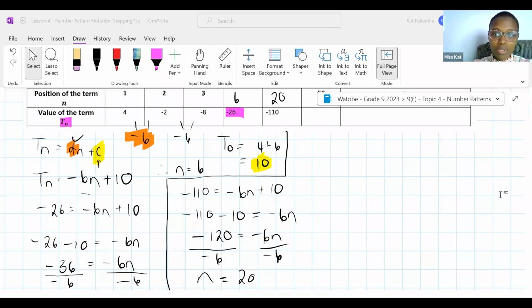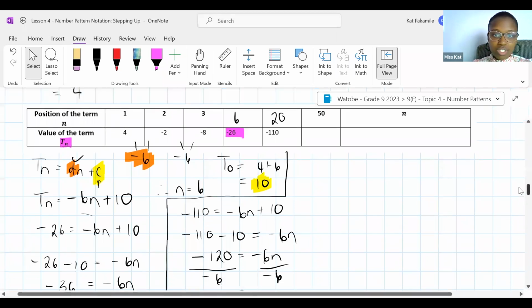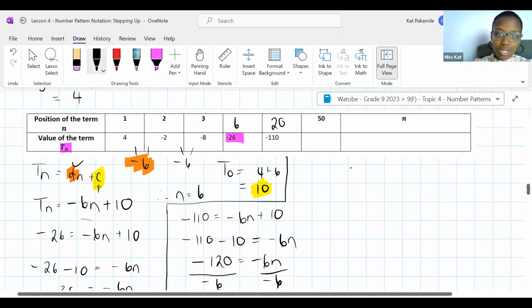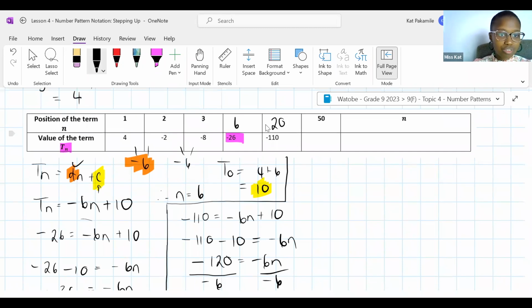Cool. Okay, let me do position 50 quickly so we can quickly go to our break. So in position 50, we're going to have T50 equals negative 6 times 50 plus 10.